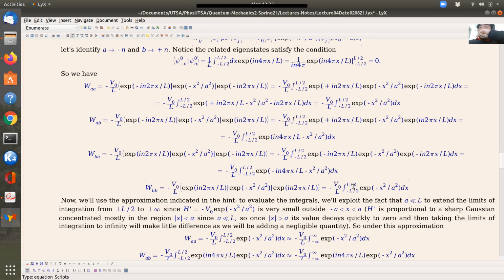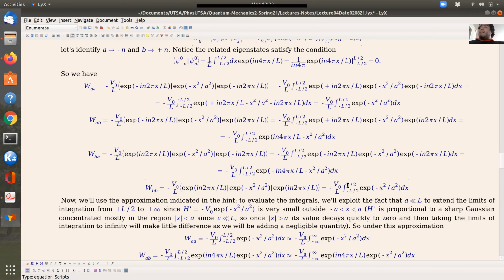But again, the approximation indicated in the hint is that, to evaluate the integrals, a is very small with respect to L. Because most of the non-negligible part of this integral is concentrated in this region, outside of it is mostly zero, or a very small negligible part. So it doesn't make a difference if, instead of computing over the bounded domain, you compute it over the limits of integration minus infinity to plus infinity.